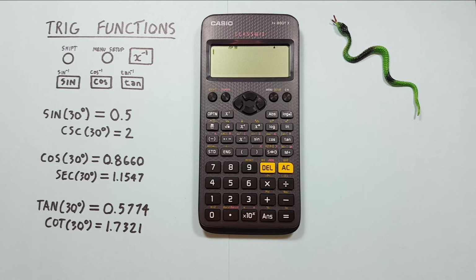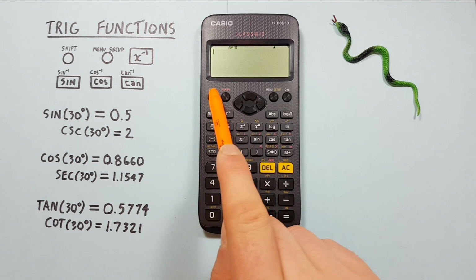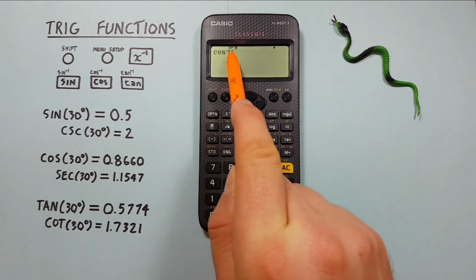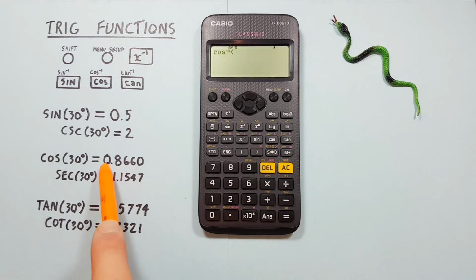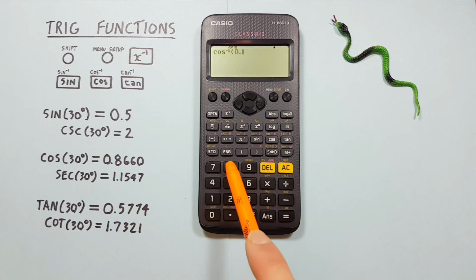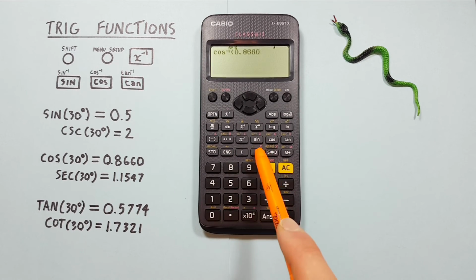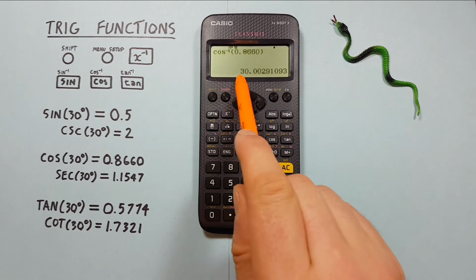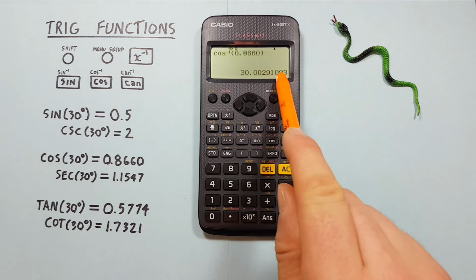For our cos, we do the same thing. We go Shift, cos. There we see the cosine with the -1 above it, and then we'll use our rounded 0.8660. Close our bracket and press equals. And see, we get what would round to 30 degrees.